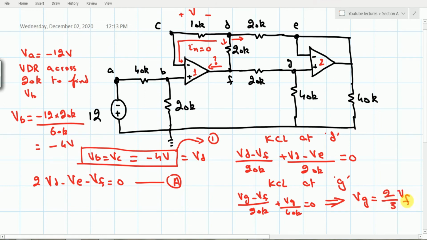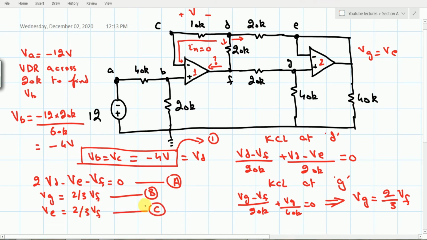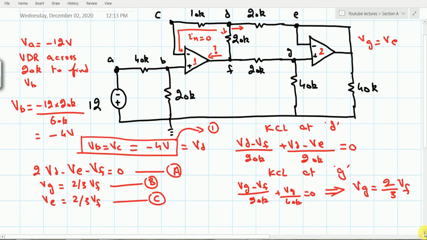Let us call this equation number B. Now because of the virtual short concept, VG is equal to VE. So I can also say that VE is equal to 2 by 3 VF, and if I call this equation number C, then I can substitute equation number C back into equation number A to develop another equation.